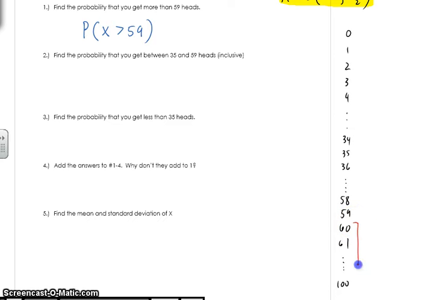So that would be from 60 to 100. So what's not included in that? Less than or equal to 59. So I would rewrite this as 1 minus the probability that x is less than or equal to 59. We know the calculator will easily find this probability. So we'd put in the calculator this.